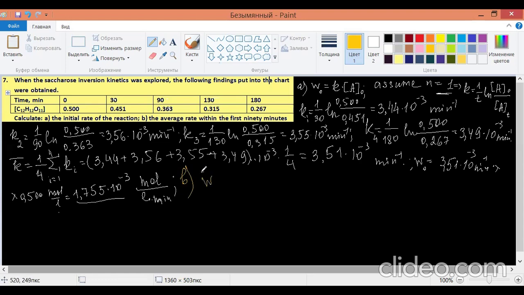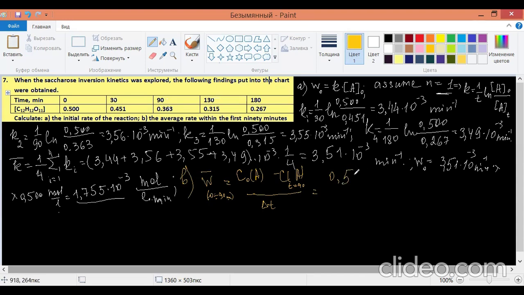So the mean value of W from 0 to 90 minutes is equal to the initial concentration of saccharose minus the concentration at time 90 minutes, and we divide it by delta t, which is equal to 90 minus 0, so 90 minutes.